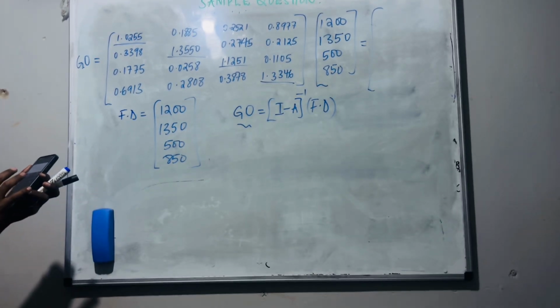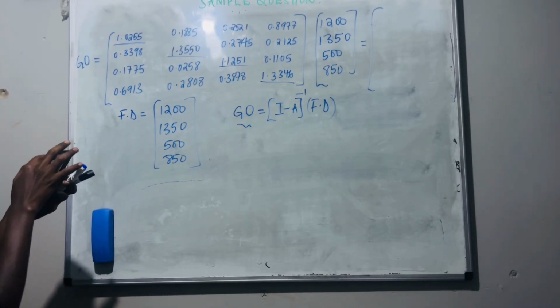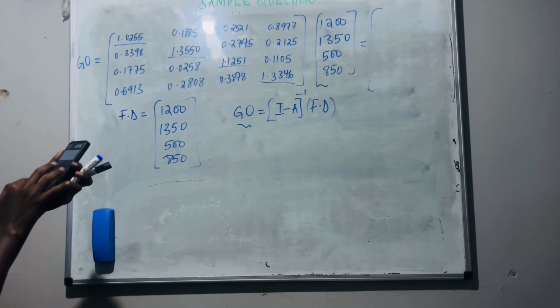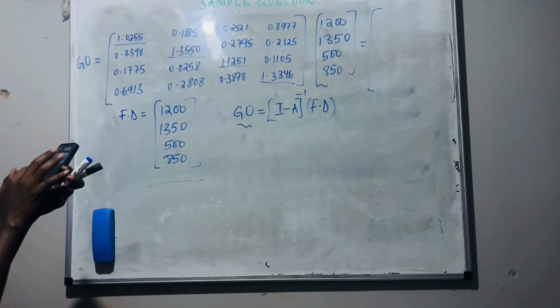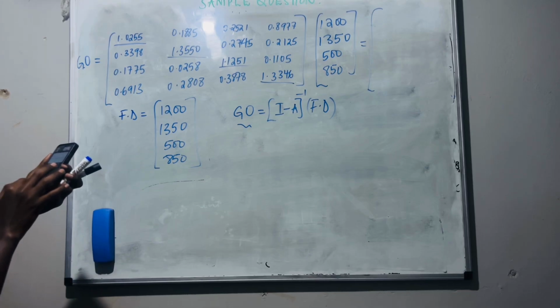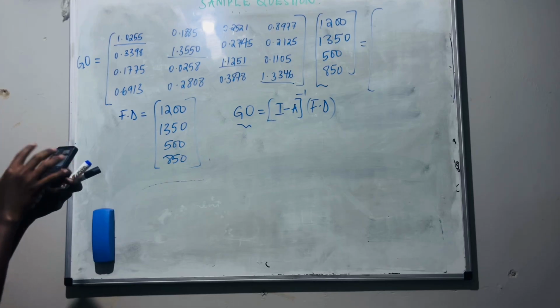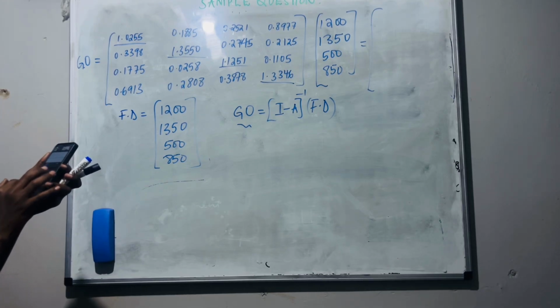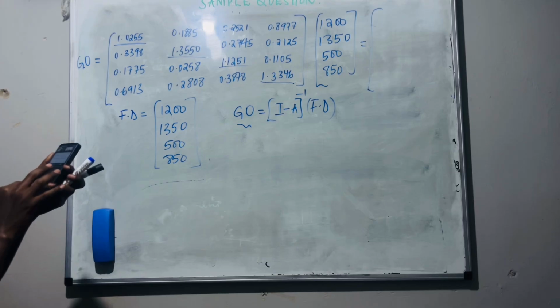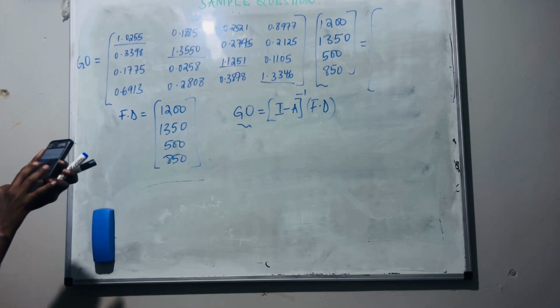Now let us see how we can do it. I am putting 1.0255, 0.1885, 0.2521, 0.8977, 0.3398, 1.3550, 0.2745, 0.2125.